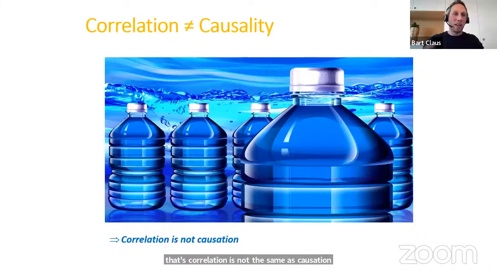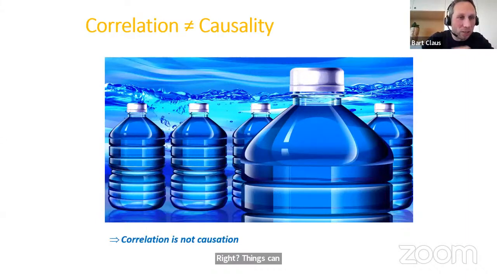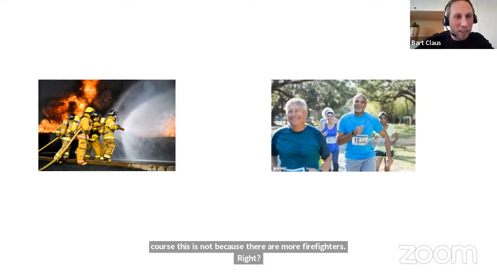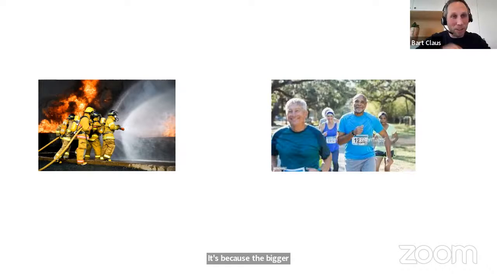Things can go together very, very strongly without causing each other, and that's important to realize. And this is, of course, a very obvious example. There are also examples like: the higher the number of firefighters, the more severe the impact of a fire is. Of course, this is not because there are more firefighters. It's because the bigger fires attract bigger teams of firefighters.